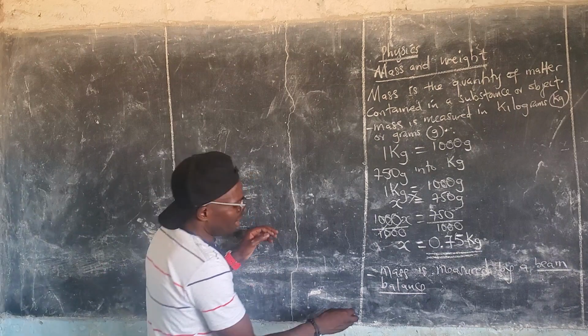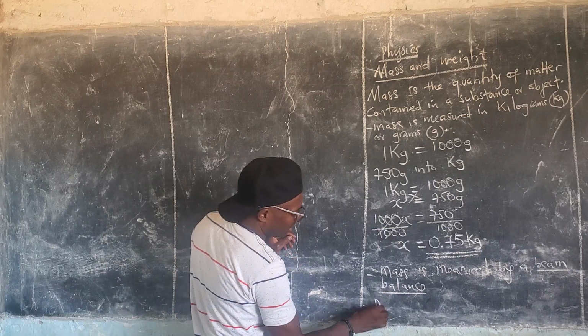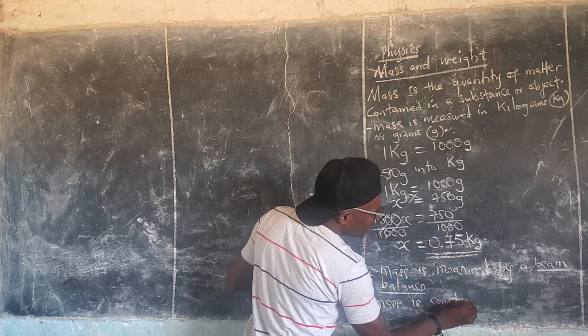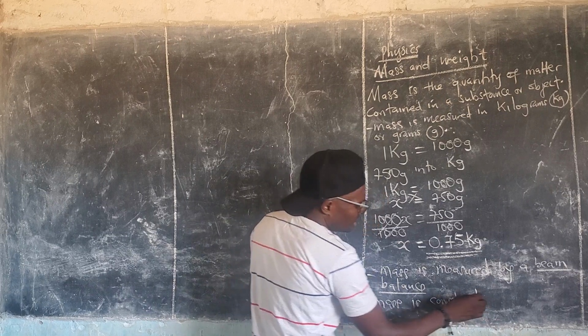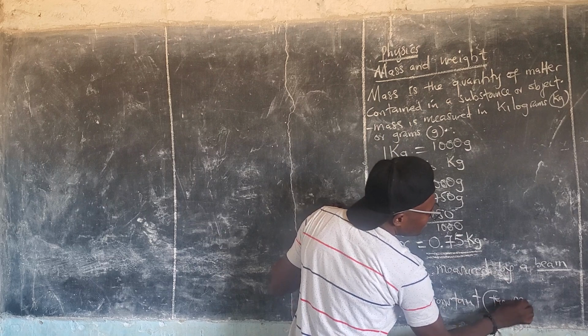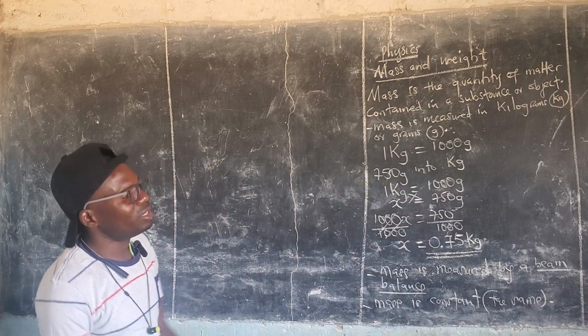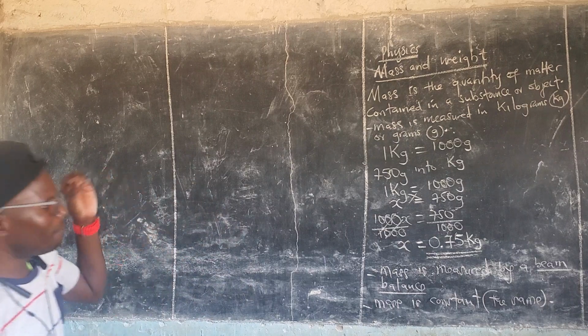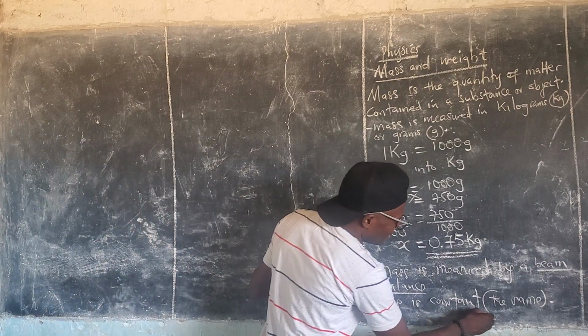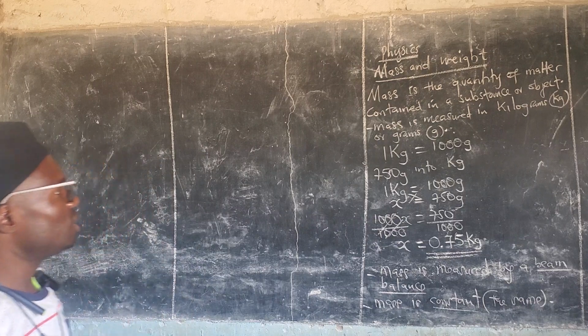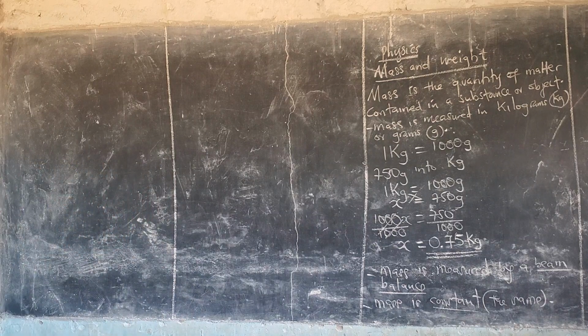Then one thing that you should know about mass is that mass is constant, meaning that mass does not change. It is the same no matter where you go. Whether you go to the moon or come to earth, your mass will always be the same. It does not change. So those are the things that you should know about mass.